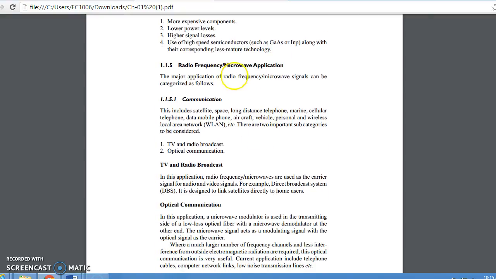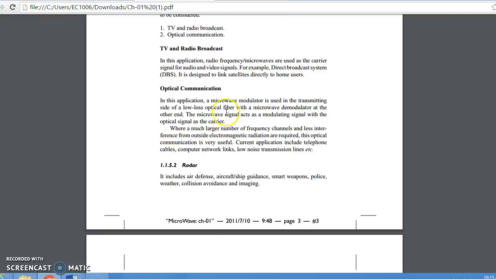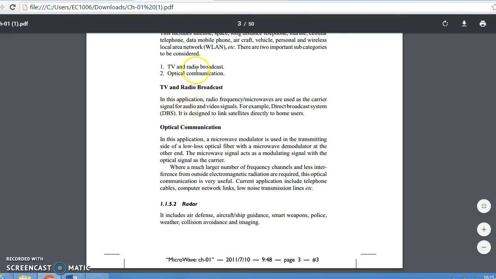So what are the applications of microwave? Microwave can be used in the communication field. In communication we use satellite as well as long distance telephone, cellular telephone, and aircraft, vehicle, personal as well as wireless local area networks. There are two important subcategories: television and video engineering, radio broadcast, and optical communication.